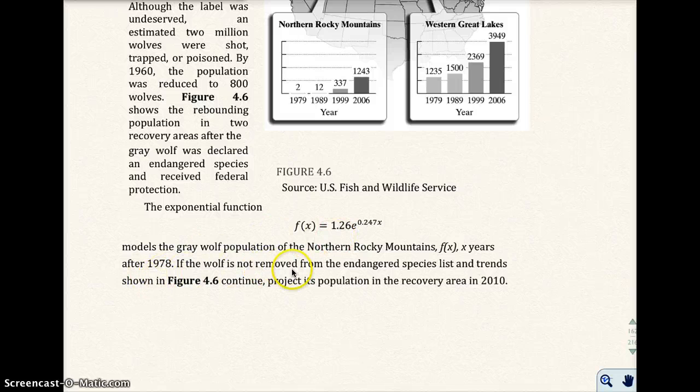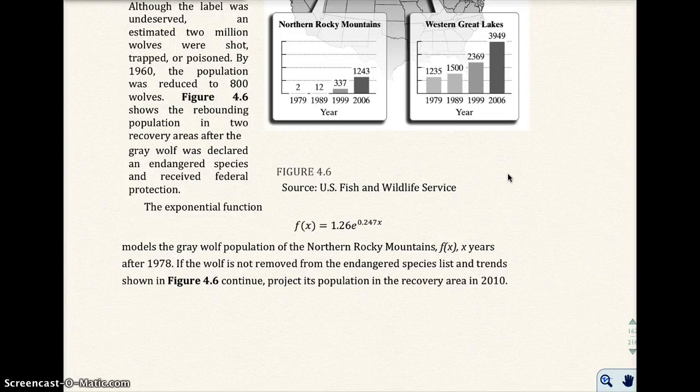If the trend continues, we can project the population in 2010. Right now we're past 2010, but we can project it in 2020, 2030, 2040 if the species continue to reproduce and we're still on the endangered species list.